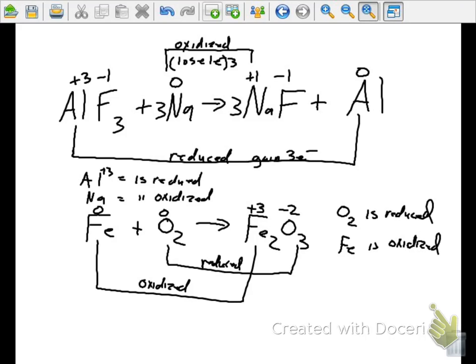Okay. And then we're talking about the number of electrons that are lost or gained. Gained is 2. So everybody knows 3 and 2, right? So we should have 2 that go over.